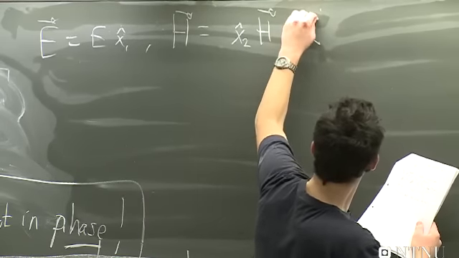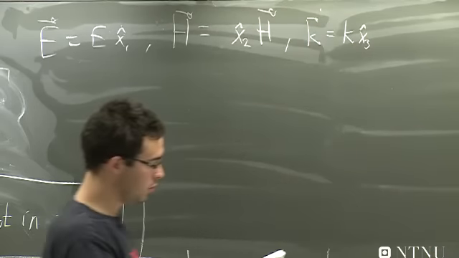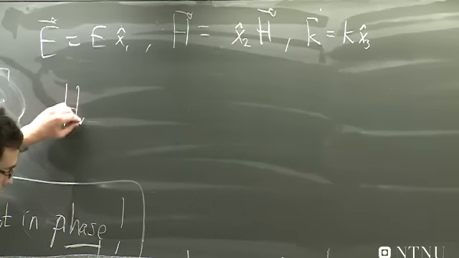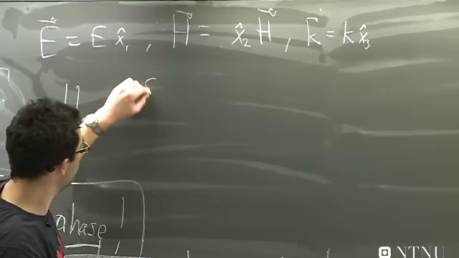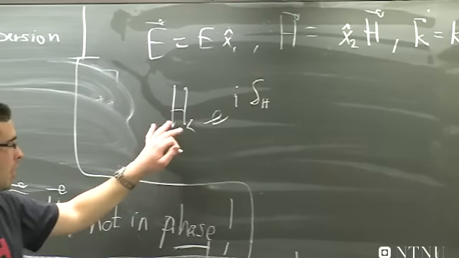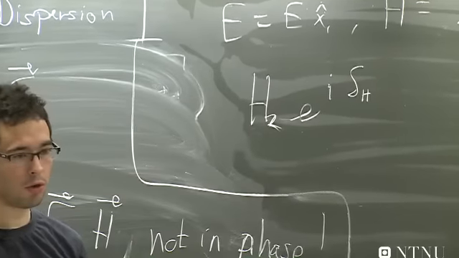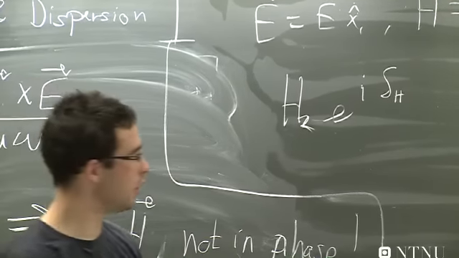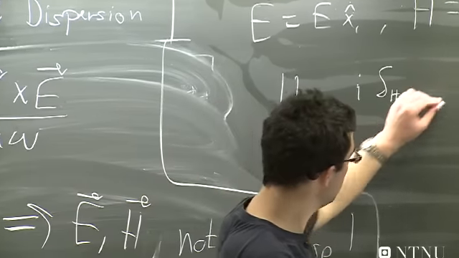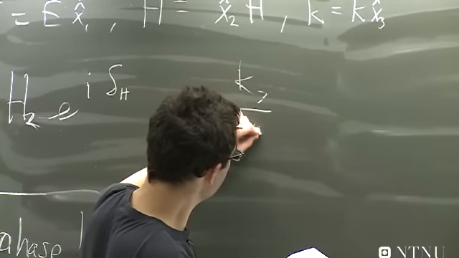And K in the x3 direction, well then you have that H2 e to the i delta H, where delta is some sort of phase. This is a plane wave, right? But I add some phase because it could be some starting phase on the magnetic field. It's equal to K3 over mu omega.